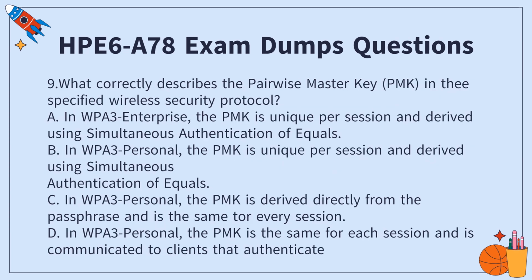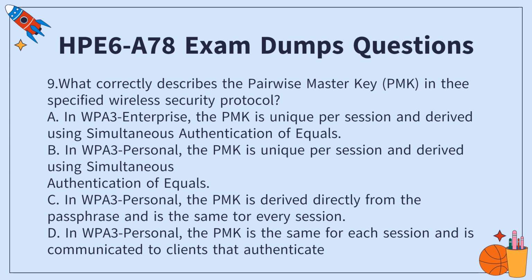9. What correctly describes the pairwise master key (PMK) in the specified wireless security protocol? A. In WPA3 Enterprise, the PMK is unique per session and derived using Simultaneous Authentication of Equals. B. In WPA3 Personal, the PMK is unique per session and derived using Simultaneous Authentication of Equals.